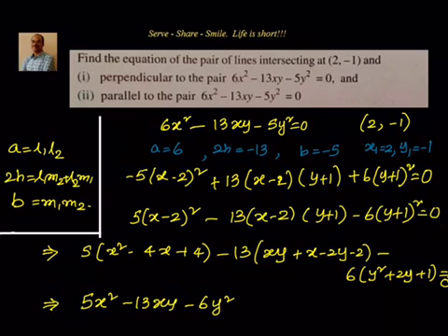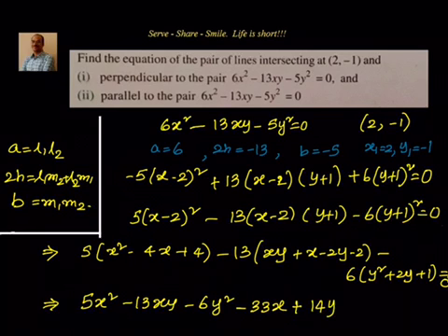Let's go to x now. I have an x term here and an x term here. So minus 20x minus 13x, that's nothing but minus 33x. Then let's go to y terms. I have one y term here and one y term here. This is 26y and this is minus 12y. So it will become plus 14y.